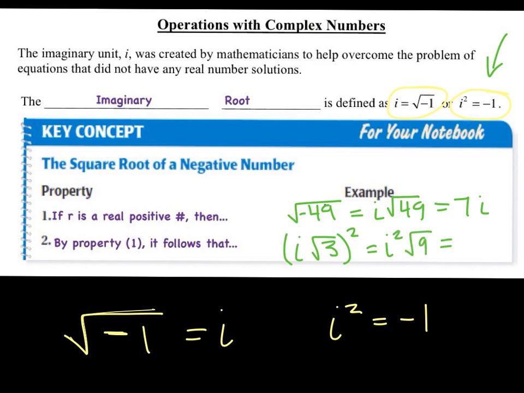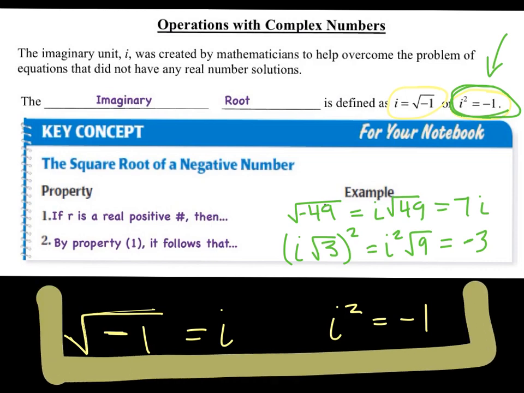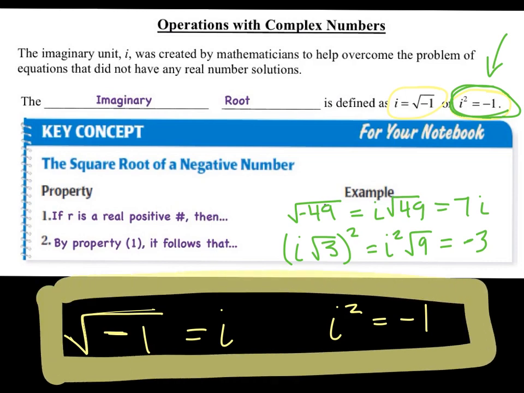You know that the square root of 9 is 3, and i squared equals -1. So these are your two expressions that you guys are going to want to remember. If you have a pair of i's, or i squared, it's going to actually equal the value -1. If you have -1 under the square root and you're trying to take the square root of it, it just becomes a single i.